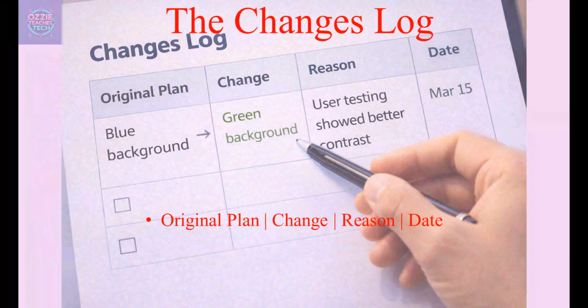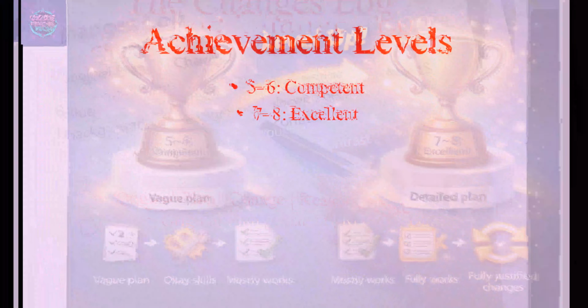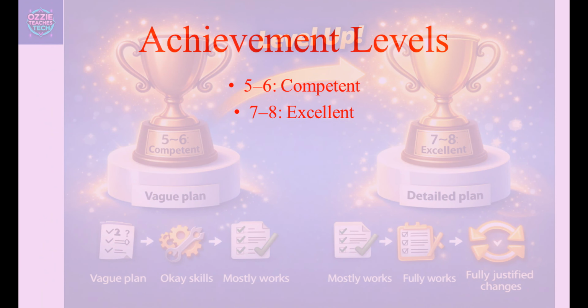Next, what does the IB expect? Let's talk about what you need for each achievement level. I'm going to focus on levels 5 to 6 and 7 to 8, since that's what you are aiming for if you want a 12. For achievement level 5 to 6, you create a logical plan with some detail, you demonstrate competent technical skills, you create a solution which mostly functions, and you outline changes made to the design and plan.